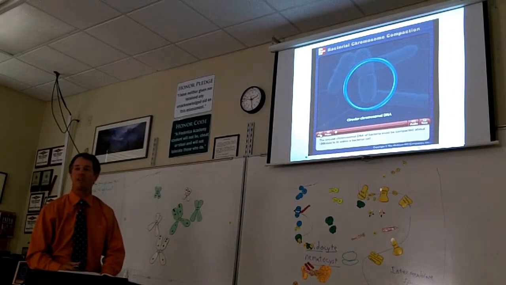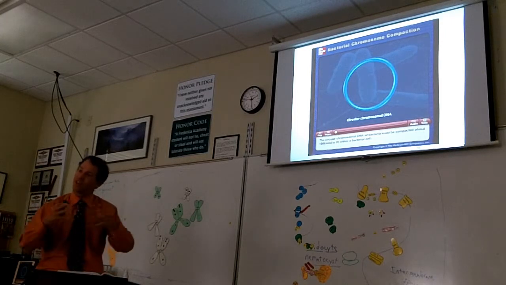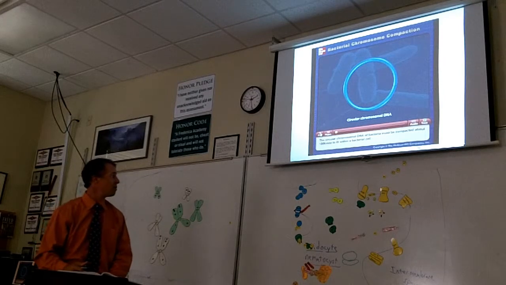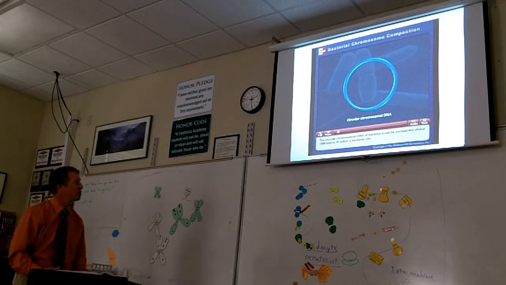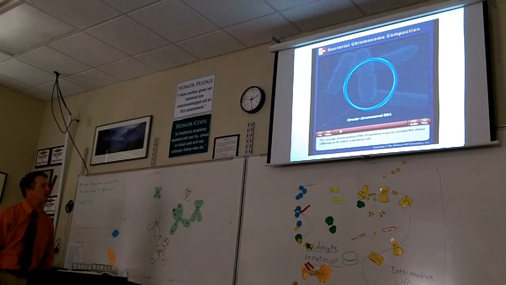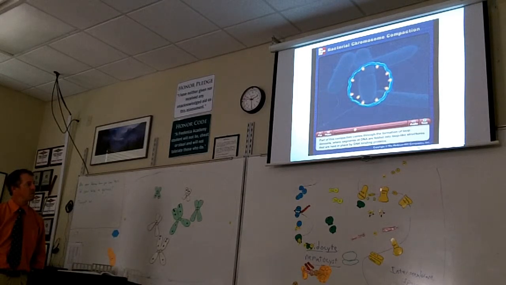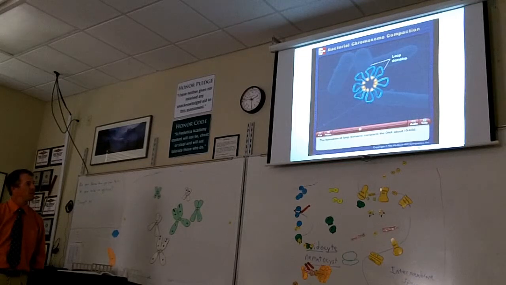Here it shows how the chromosome of a bacterium is compacted to fit inside the bacterium. The circular chromosomal DNA of bacteria must be compacted about 1,000-fold to fit within a bacterial cell. Part of this compaction comes through the formation of loop domains, where segments of DNA are folded into loop-like structures that are held in place by DNA-binding proteins. The formation of loop domains compacts the DNA about 10-fold.